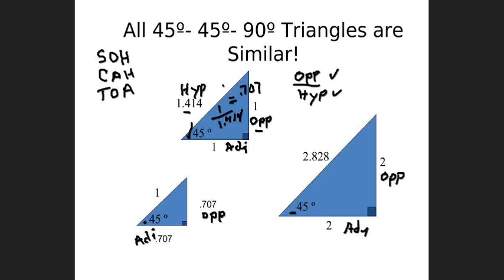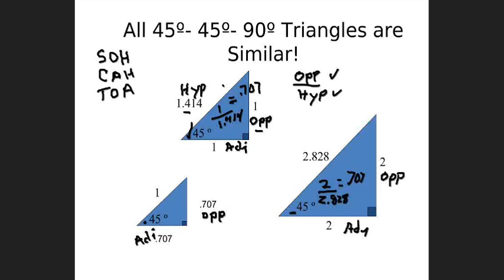In this case, I'm going to divide 2 divided by 2.828. This is a 2. Well, let's see. 2 divided by 2.828. Well, guess what? I get 0.707 again.